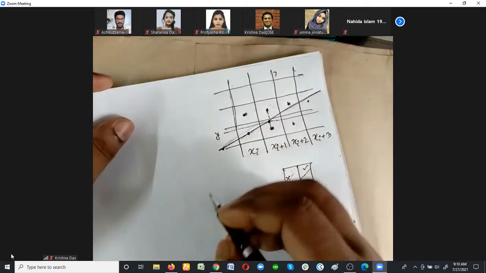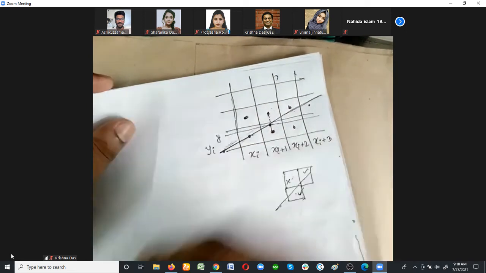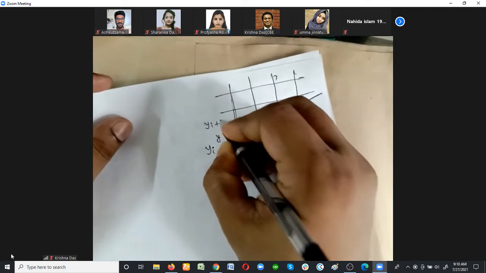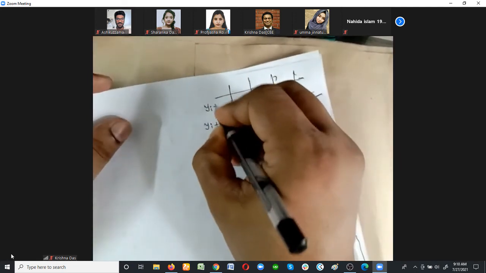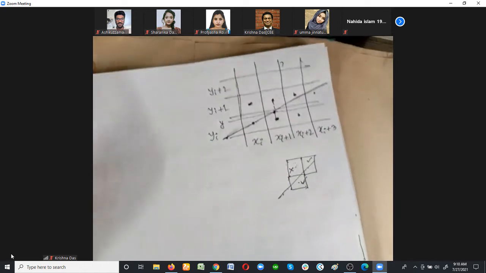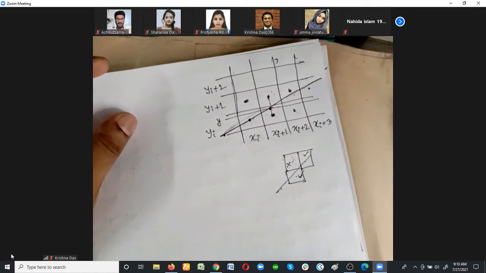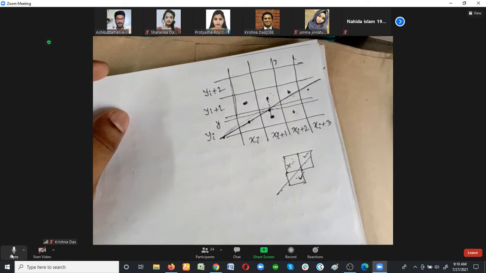Then if we consider this pixel position is y of i, then this should be y of i plus 1, and this should be y of i plus 2. Do you agree? Yes, sir.